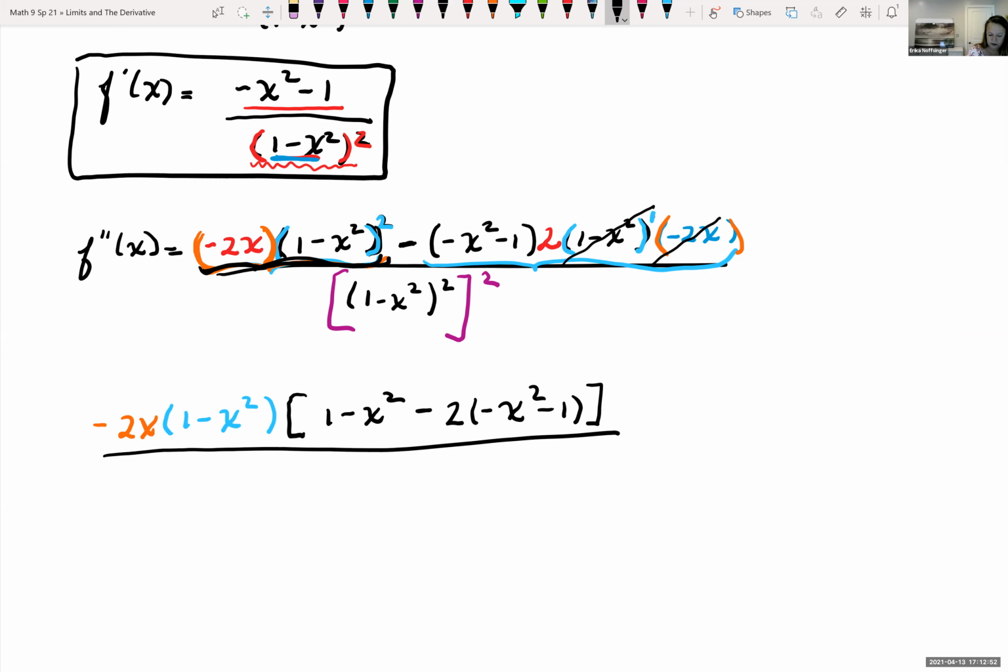All over this denominator. Well, rules of exponents, power to power, we multiply. So this is the same thing as 1 minus x squared, that quantity to the 4th power.